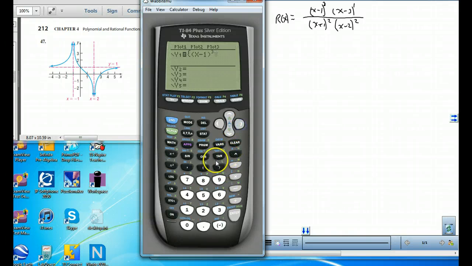And I'm going to multiply it times x minus 3. And now I'm going to group the numerator. And then I'm going to divide it by the denominator. And I'm going to do x plus 1 squared.